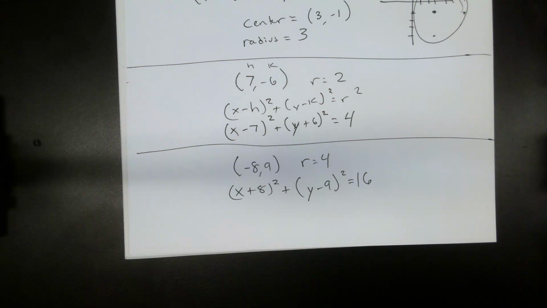What about if it gives you a diameter? How do you find the radius? Yeah, divide by 2. There it is. This problem right here is directly off your homework, and it says, give the equation of a circle centered at the origin.